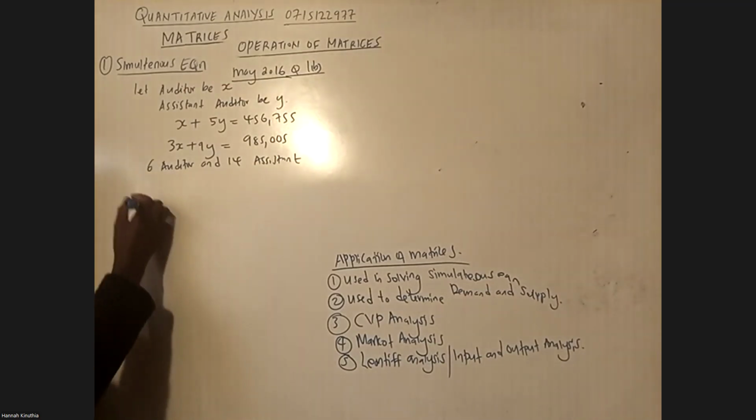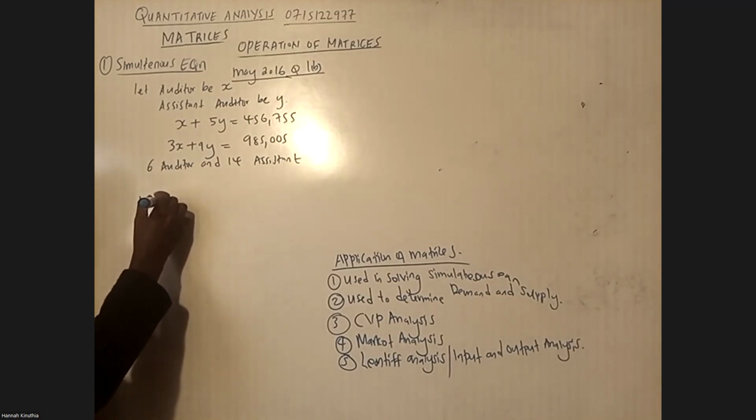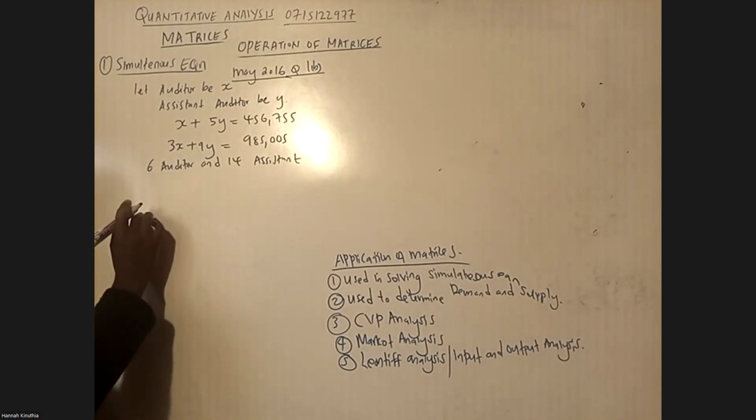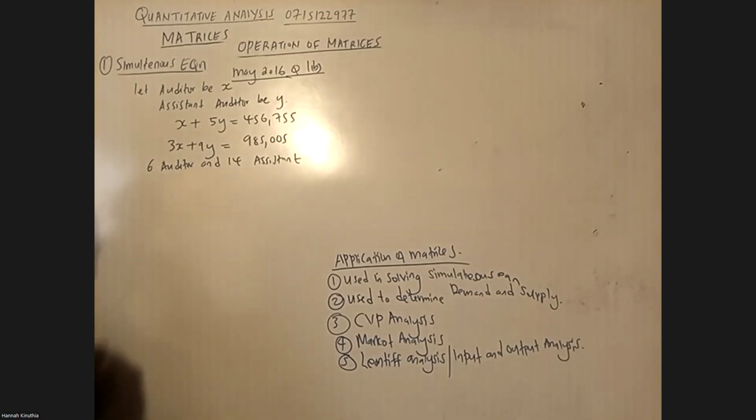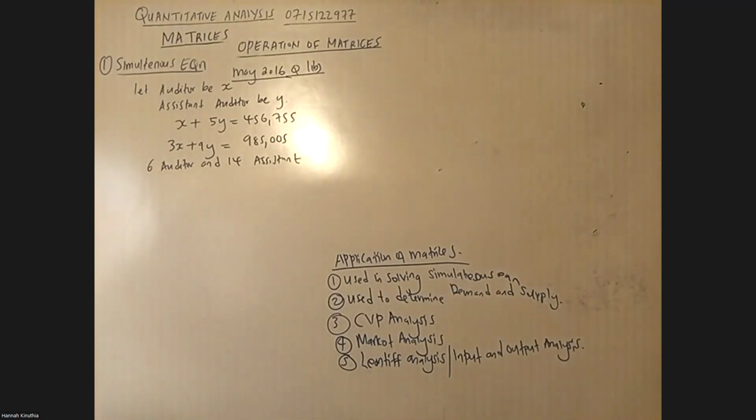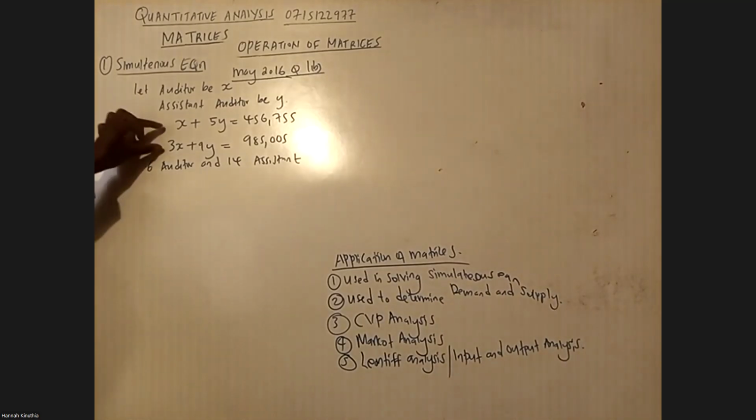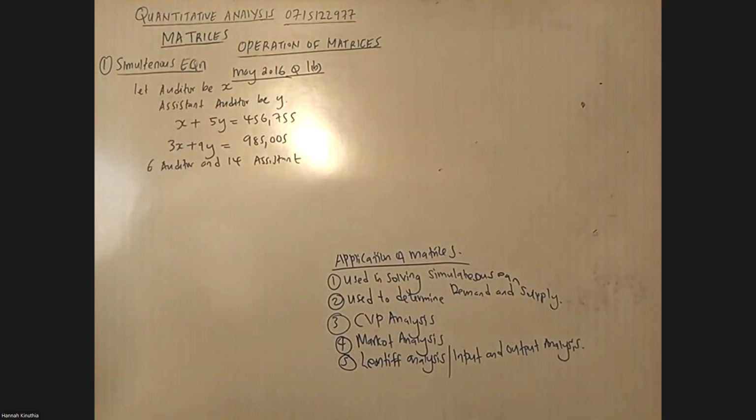So we want to find the value of X and the value of Y. So this is our equation: X plus 5Y is equal to 456,755.